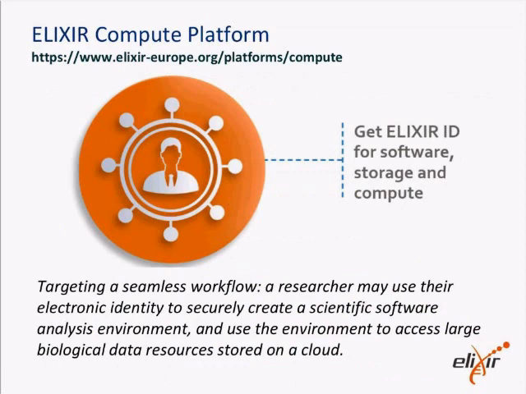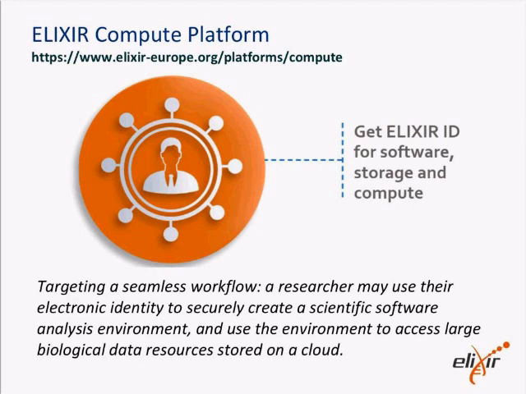So first a little bit about the ELIXIR Compute platform. So you could say that the big picture is that we would like to provide an access to distributed resources, data, clouds for the users from the viewpoint that once you have a European identity, there would be a way to access different services with that single identity.